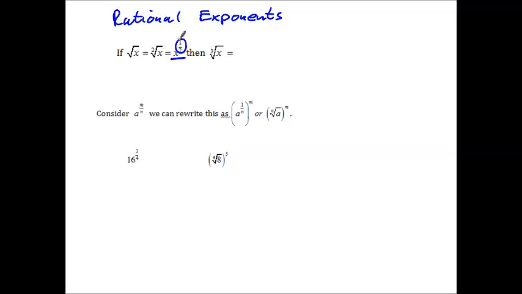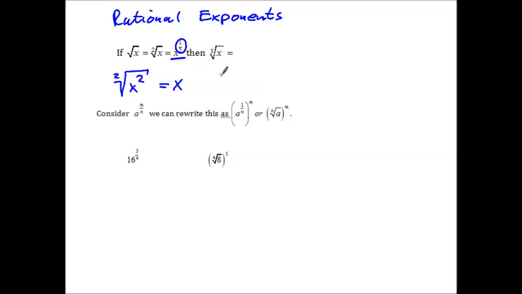Well, let's think about it this way. If we had the square root of x squared, we know square root and squaring are two operations that cancel each other out, and we end up with our good old x.